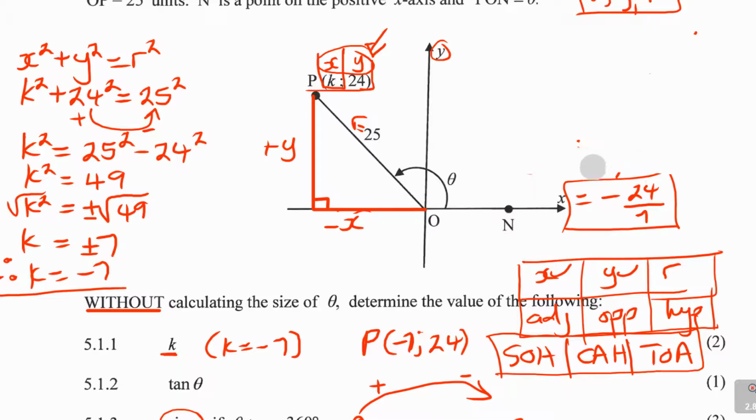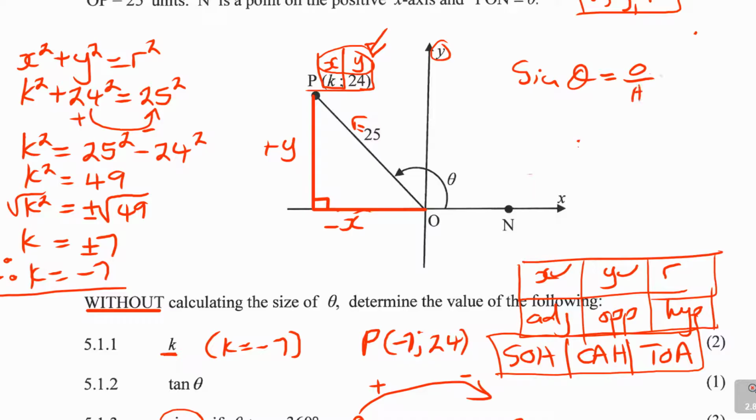We're talking about sine under SOHCAHTOA, to say sine theta is equal to opposite over hypotenuse, which is represented by y over r. So sine theta here is equal to y over r, where y is 24 and r is 25. This was our sine theta.